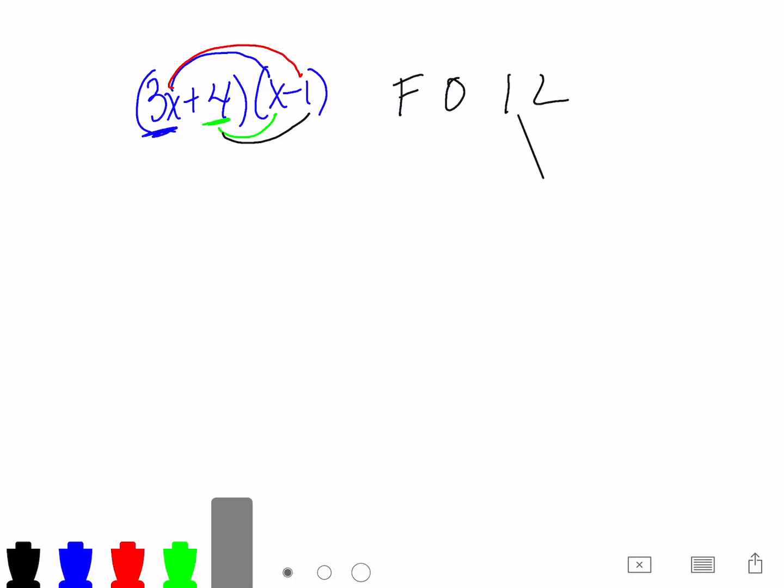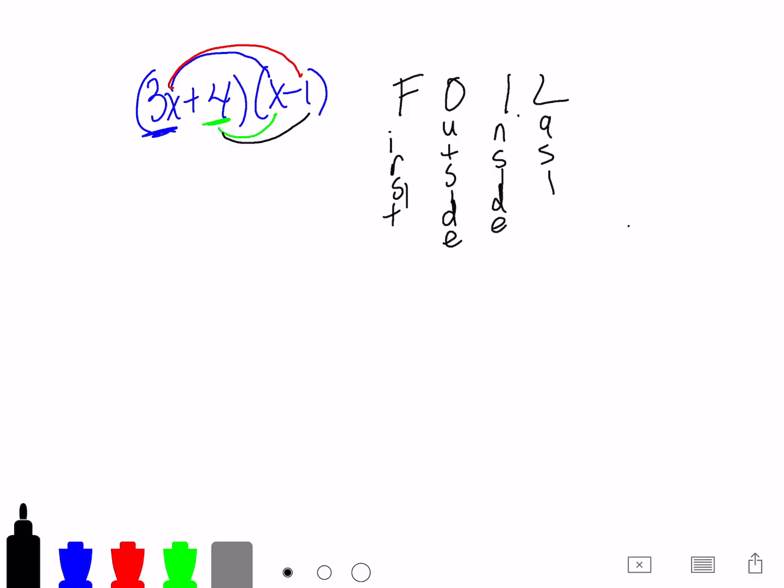It's called FOIL. So the F stands for first. The O stands for outside. The I stands for inside. And the L stands for last. So the firsts would be this blue one because they're the first term in both spots.